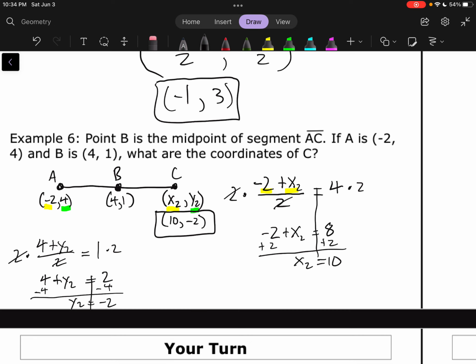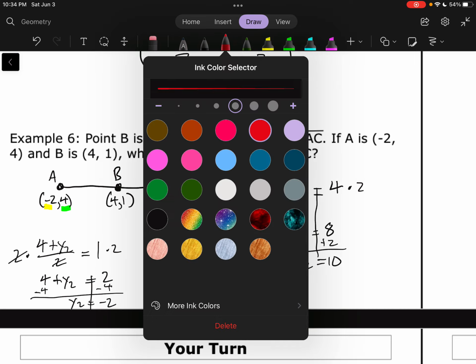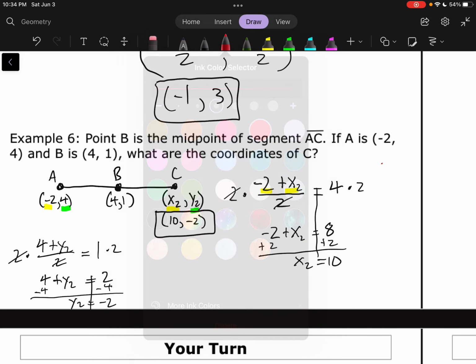Now, another way of doing this is going to be to kind of think about it as a pattern. So what do I mean by that? What I mean is thinking about just how do we get from negative 2 to 4?